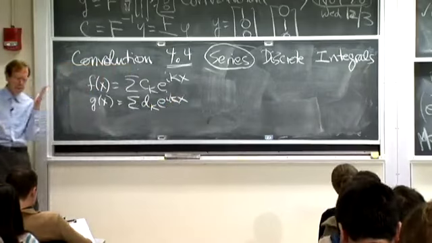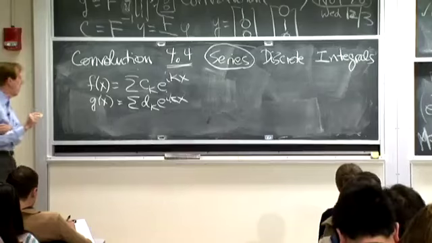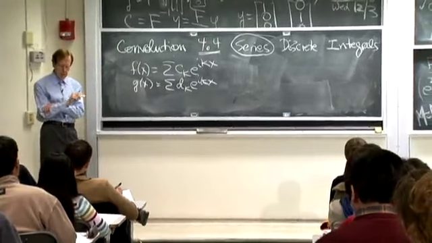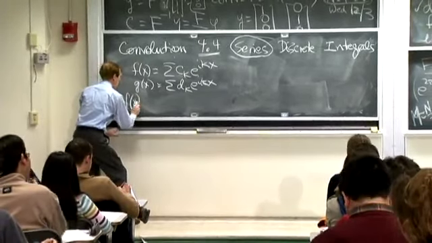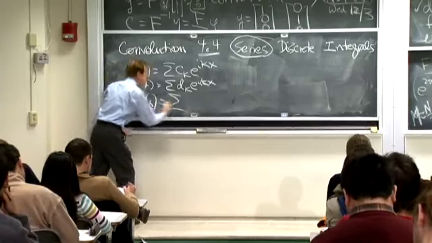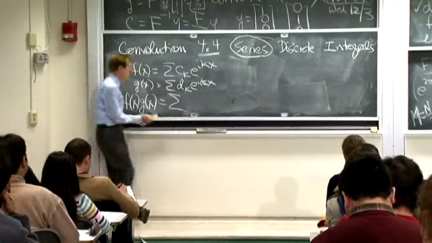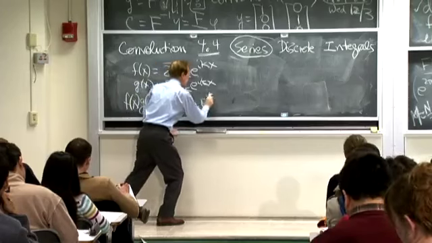And I'm going to ask you a simple question. What are the Fourier coefficients of f times g? If I multiply those functions, equals something, and let me call those coefficients h_k e to the i k x.